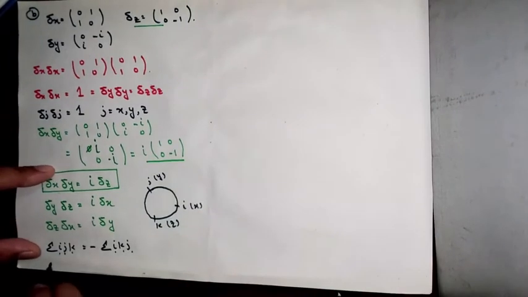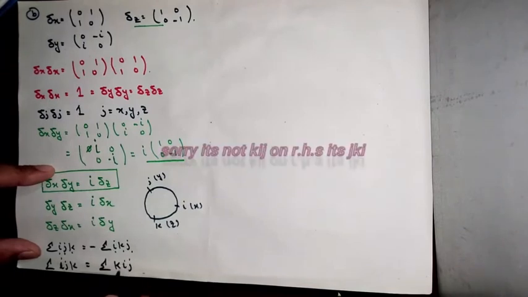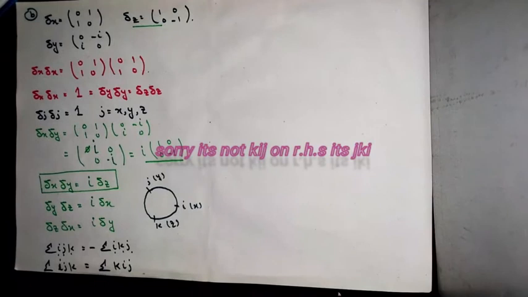I can write this i, j, k as the summation of k, i and j. Now the order is changed.